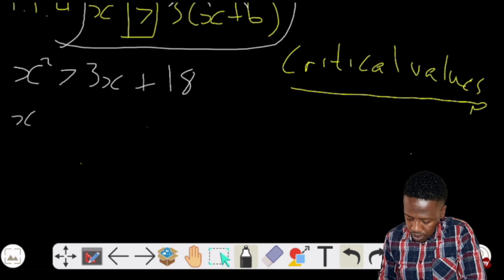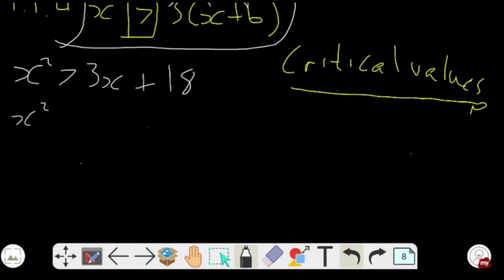It's x squared minus 3x minus 18 greater than 0.